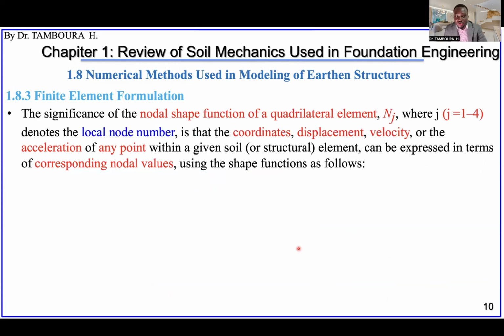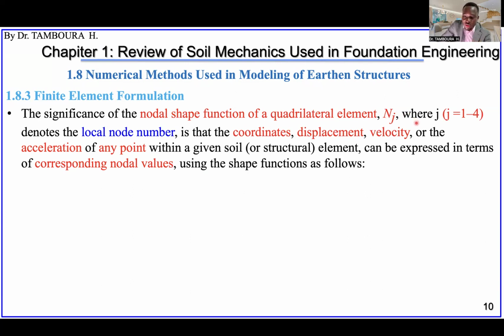Now, the significance of the nodal shape function at each node. If we take, for example, a quadrilateral element, a four-node element, we take N, the nodal function N for each node.